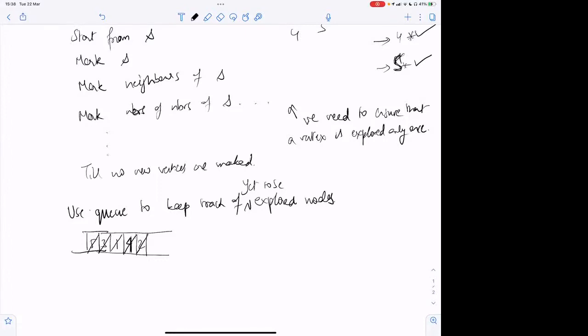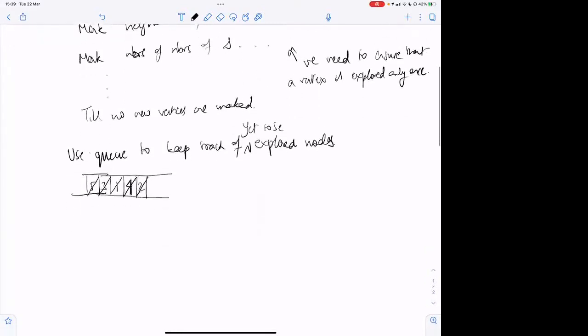Thereafter, whenever you extract that node, you look at its neighbors which are unmarked and put them in the queue, and so on. So every node gets marked only once, and you can check whether it's been marked before or not. If it's been marked before, that means it has entered the queue. You don't need to put it in the queue again, correct? Yes, sir. Okay.